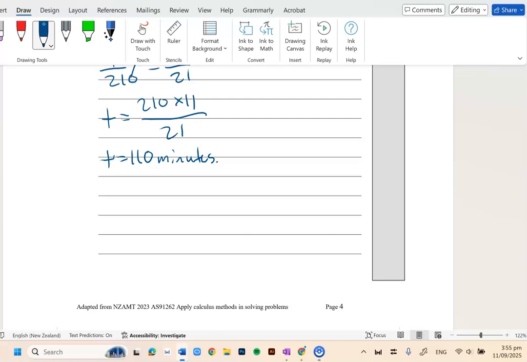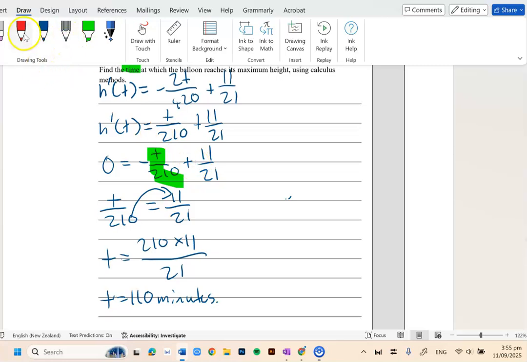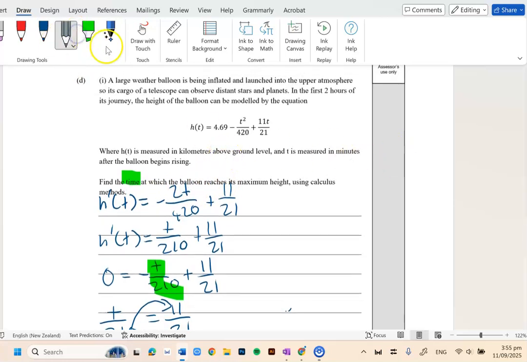Okay. So this is a merit question. It's pretty easy actually. You will be awarded merit if you have the correct time, and you have to make sure you have the right unit. So here they told us the unit is minutes, so you have to make sure you have that in your final answer.